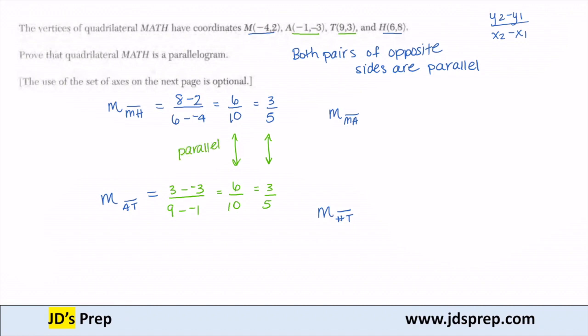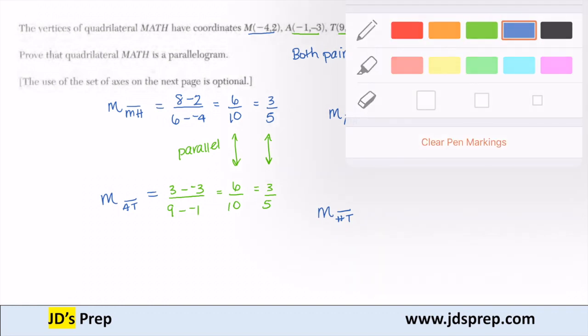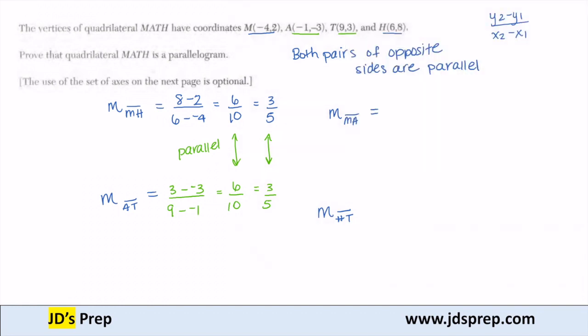Now let's find another pair. Okay, MA. M and A. Change in Y, -3 minus 2, over the change in X, -1 minus -4. That gives us -5 over 3. Now HT, okay?